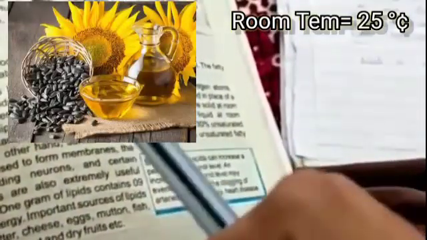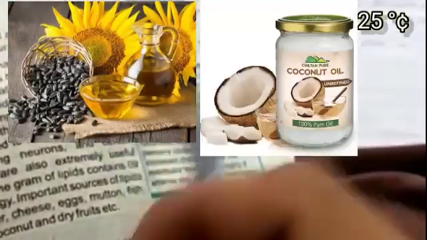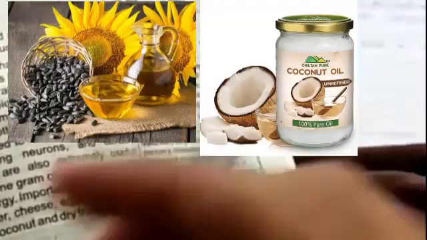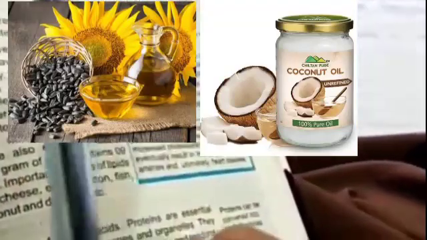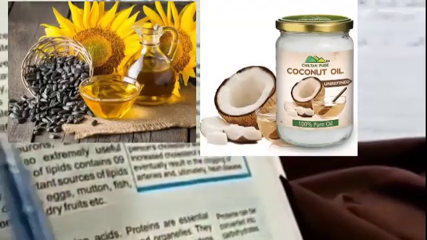Lipids containing unsaturated fatty acids are liquid at room temperature. For example, any oil, like sunflower oil or coconut oil, is in liquid form. So this is the general characteristic of the physical state of saturated and unsaturated fatty acids.